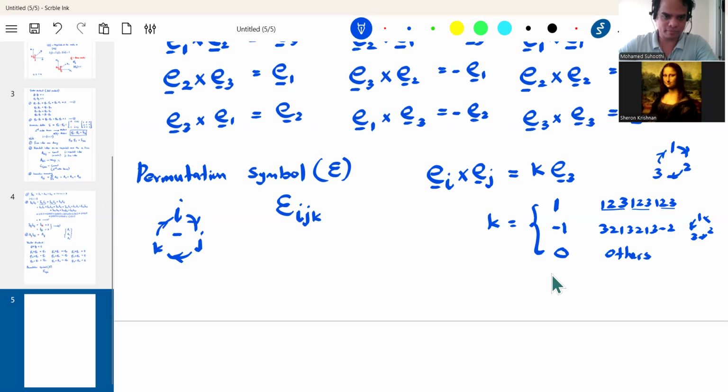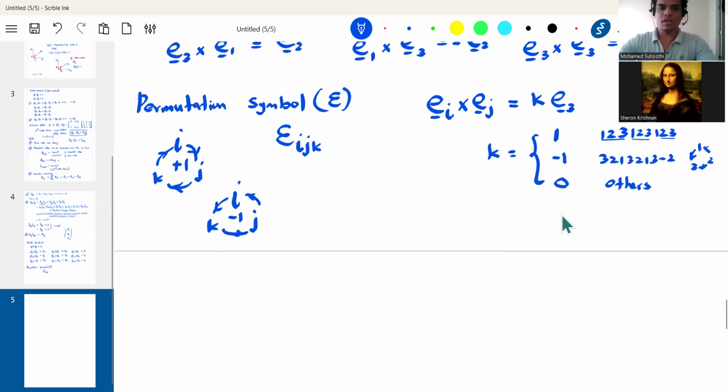When it follows the opposite order, the answer is -1. Any other case, it is 0. So that is the definition of this epsilon IJK.